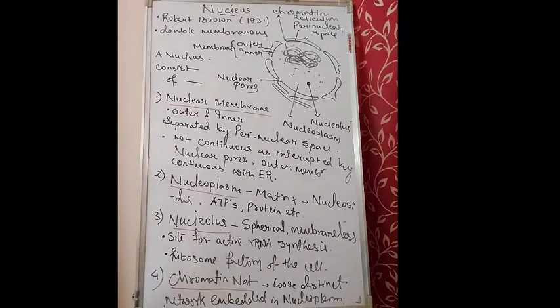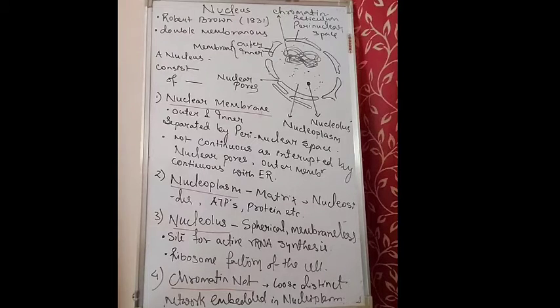And the last one is the chromatin network, that means the chromatin reticulum. This is the main genetic material. At a certain stage before cell division you will see a loose, distinct network of fibrous structures present within the nucleoplasm, which is known as chromatin. On condensation, during the course of cell division, it will condense to form the chromosome, which again contains the genetic material.